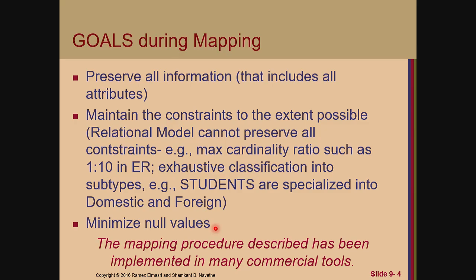Normalization tries to check the null values and separate the table into smaller ones in order to reduce the null values in the tables. Okay, anyway, today we're just talking about how to transform the information from the ER diagram to the relational table.